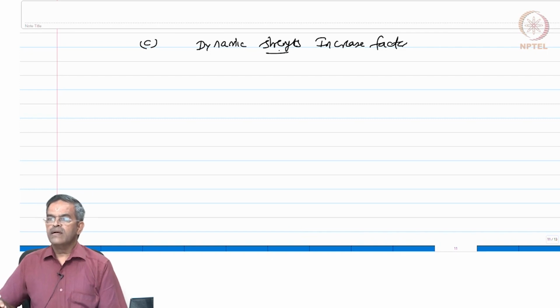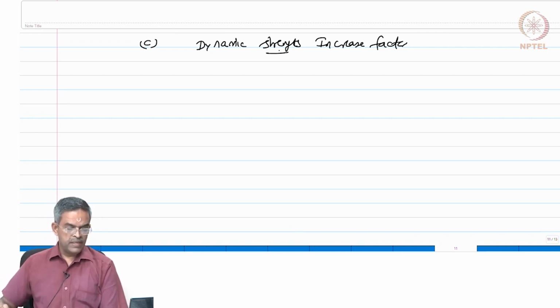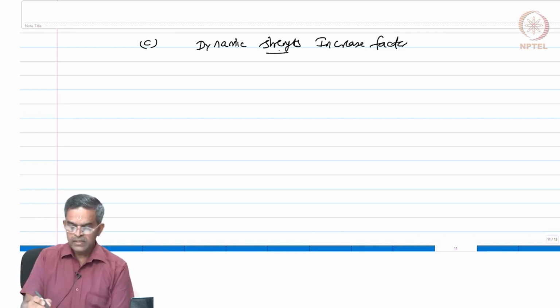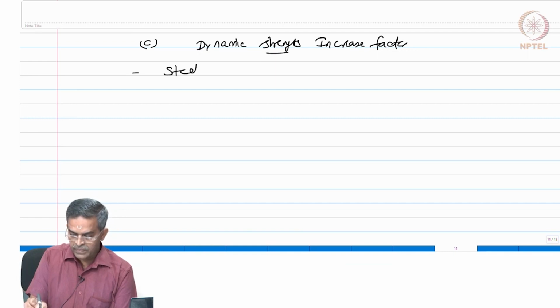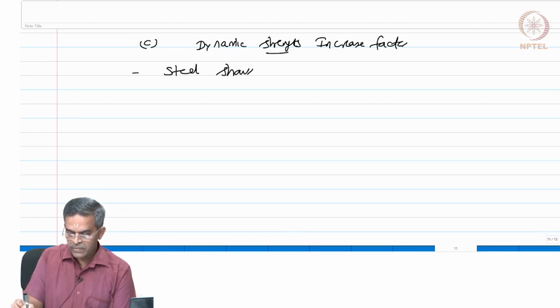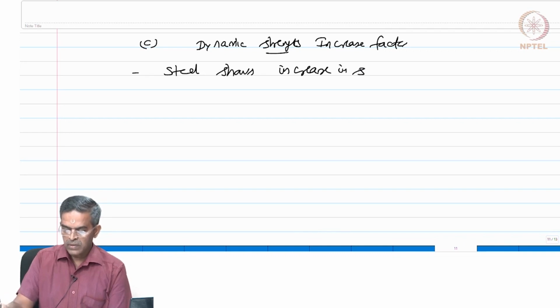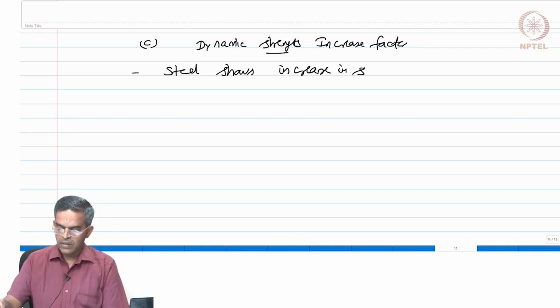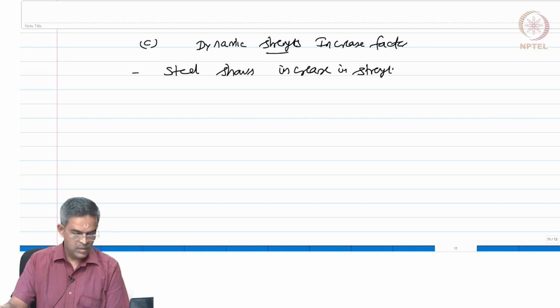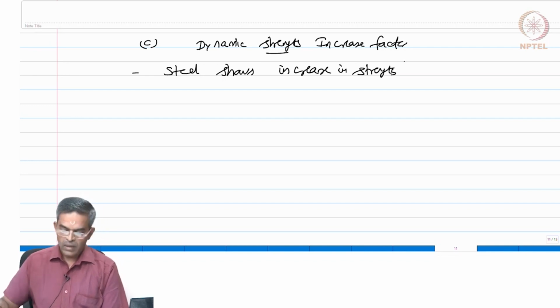Now, one can say that steel is experiencing an increase in strength under rapidly applied loads.